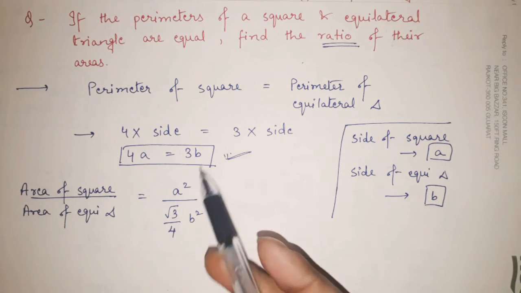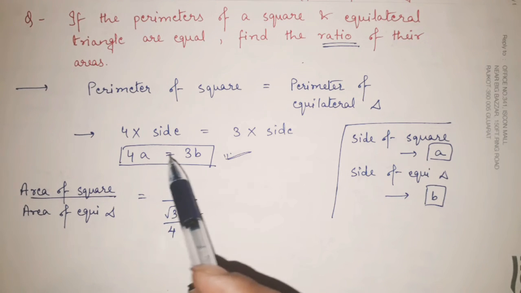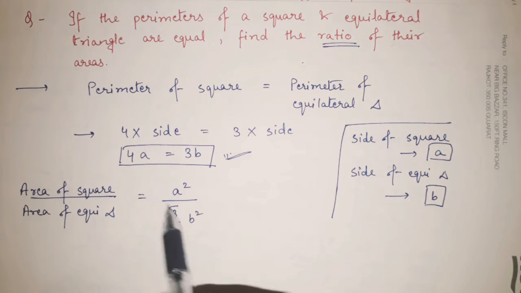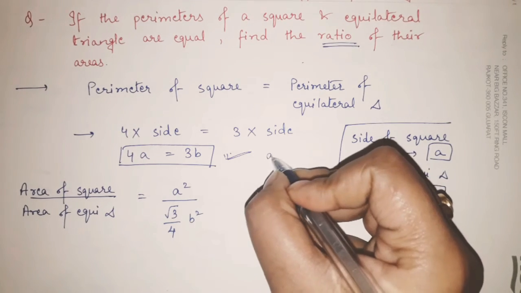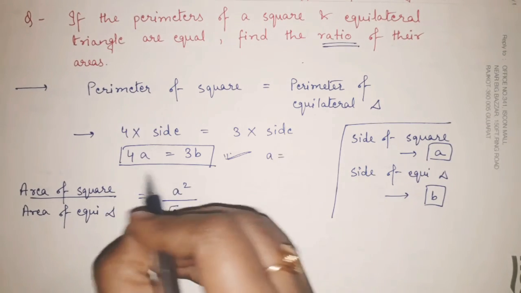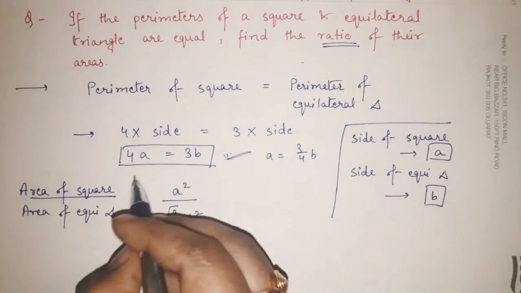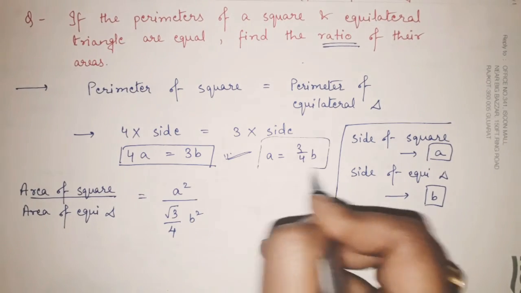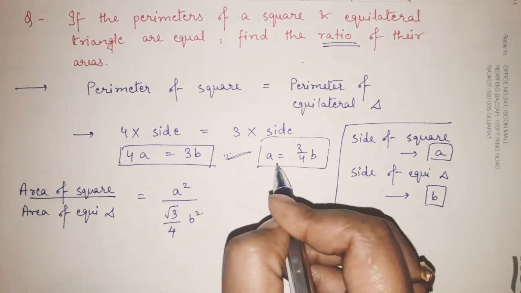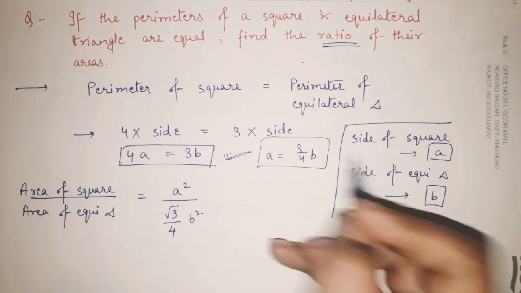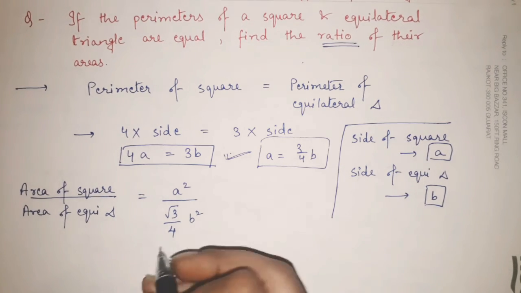Now with this equation we can find out the value of A, which will be equal to what if we bring 4 here. So 3 by 4 into B. Okay. Based on this equation we got that the value of A is equal to 3 by 4 into B. So let's put it up.